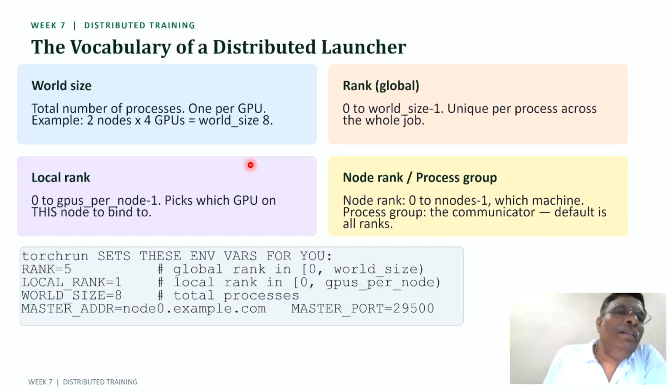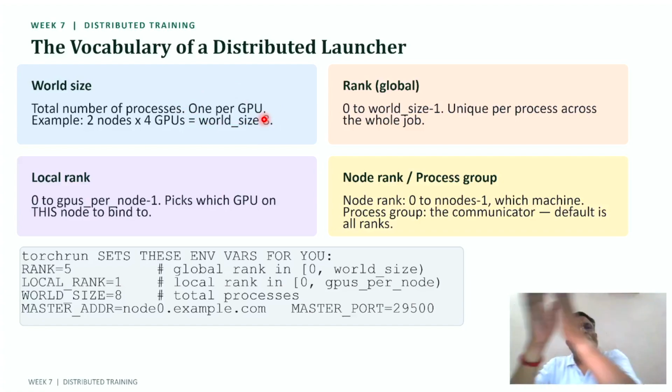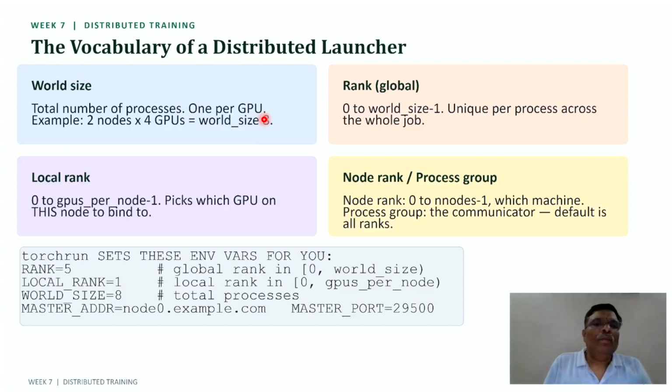So world size, that means total number of processes. We actually have a concept of one per GPU. So we assume that one particular process is running on one GPU. When we say we have 2 nodes and 4 GPUs per node, this means our world size is 8.